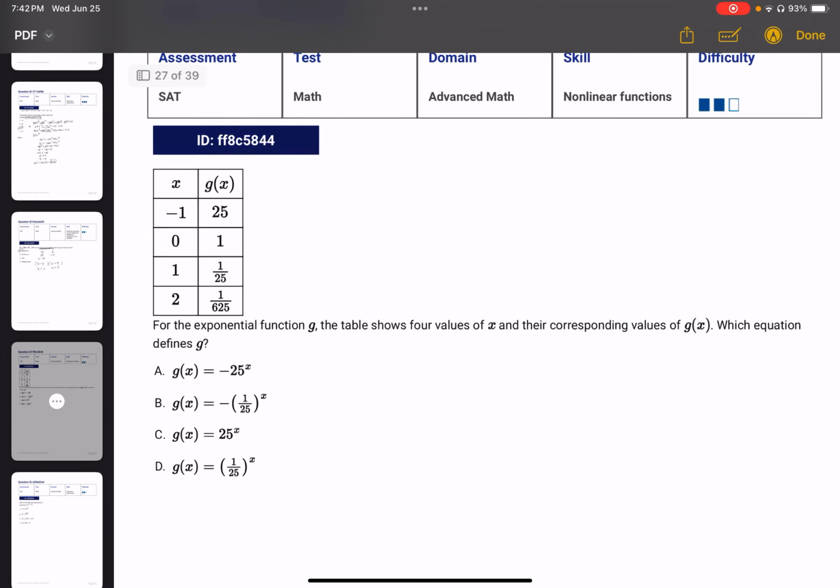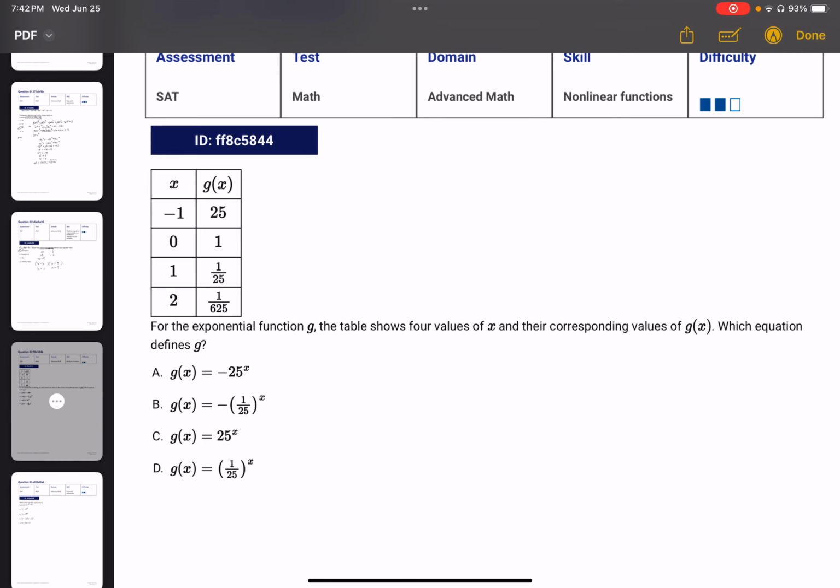Our second question, for the exponential function g, the table shows 4 values of x and their corresponding values of g of x. Which equation defines g? Okay. So if we look at the table, we see starting with 25, we go directly to 1. Whenever it asks about an exponential function, each increase of 1 in x is going to have a geometric decrease in the output.